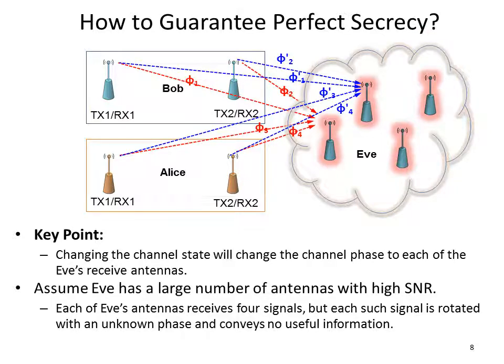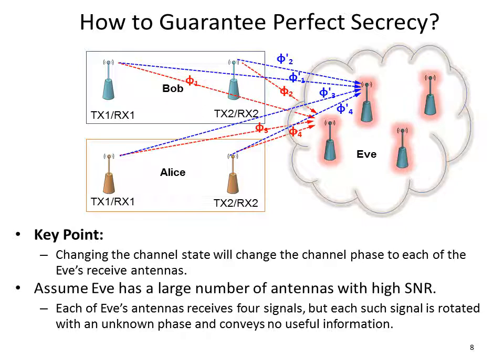Because the eavesdropper has a lot of antennas and will be listening to every transmission. The point is that we need to make sure that in every exchange of a shared phase value between Alice and Bob, each legitimate antenna, which are antennas of Bob or antennas of Alice, is used only once.